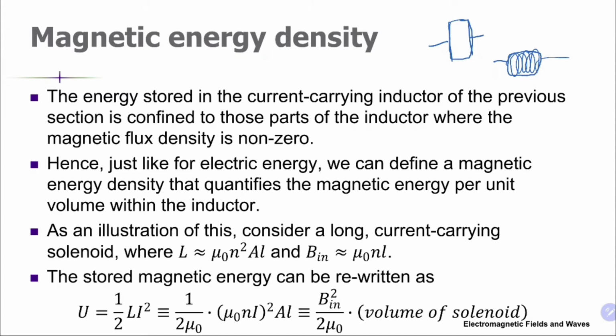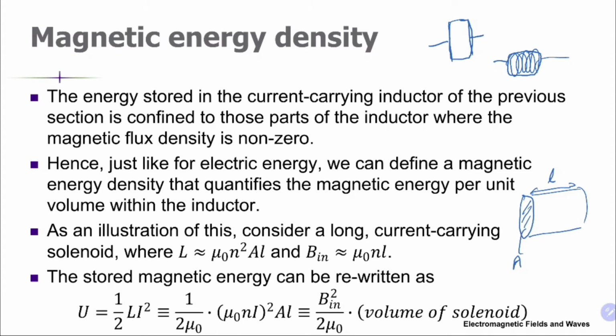So the stored magnetic energy equals B squared over 2 mu naught times the volume of the solenoid. A times L is the volume of the solenoid, so this is my A, and this is the L of the solenoid.